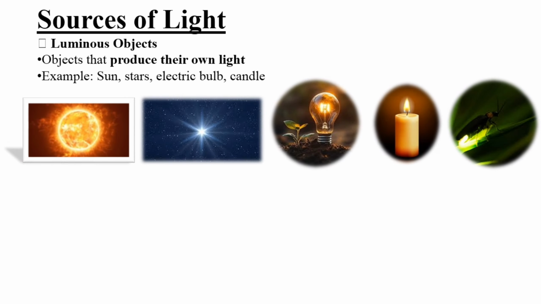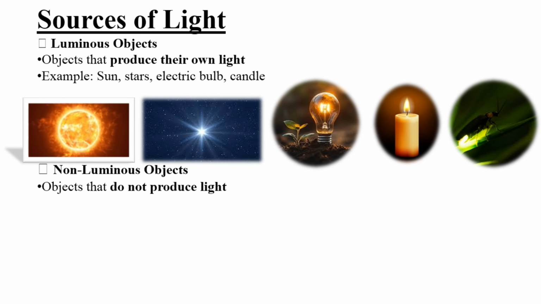These objects produce their own light, meaning luminous objects are the objects that produce their own light. For example, the sun, the stars, the electric bulb, or even a burning candle, all these give off light by themselves. That's why we can see them glowing even in complete darkness.